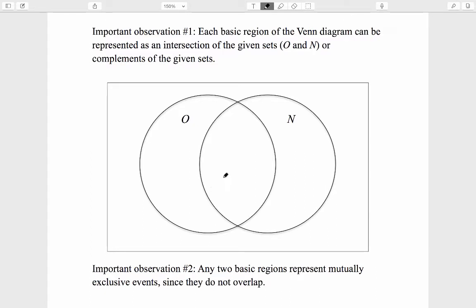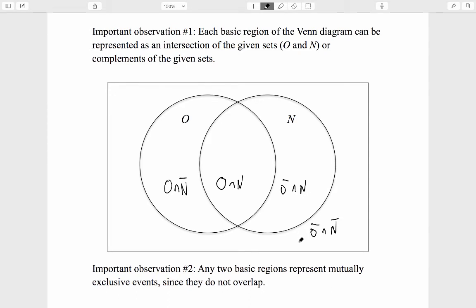Observation number 1. Each basic region of the Venn diagram can be represented as an intersection of the given events, O and N, or as an intersection of two events where one or both of those events is the complement of O, or the complement of N. So each of these basic regions is represented as a two-way intersection.